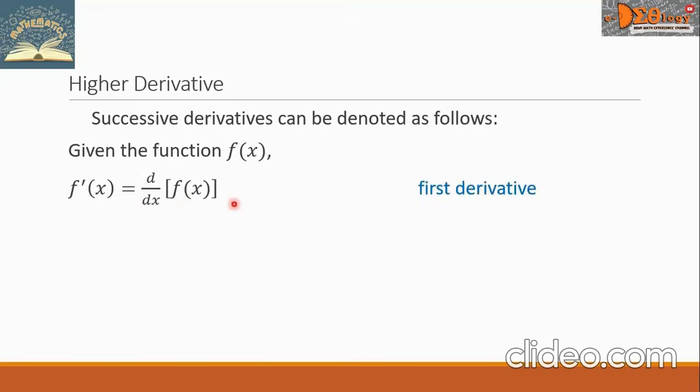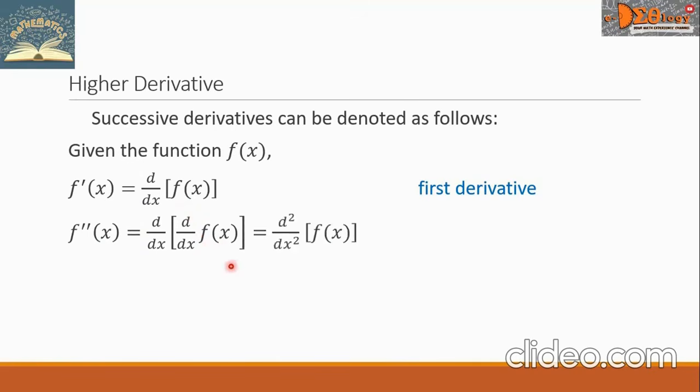This is the first derivative. f double prime of x is equal to d over dx of d over dx of f of x. Simplifying this, we can write d squared over dx squared of f of x. And this notation is for the second derivative.